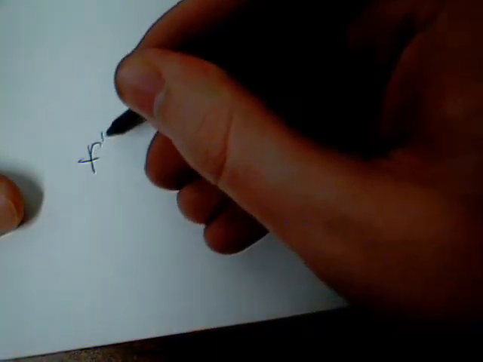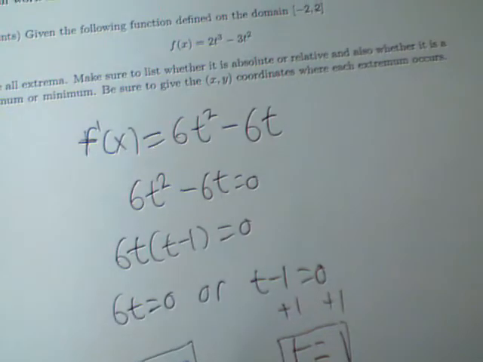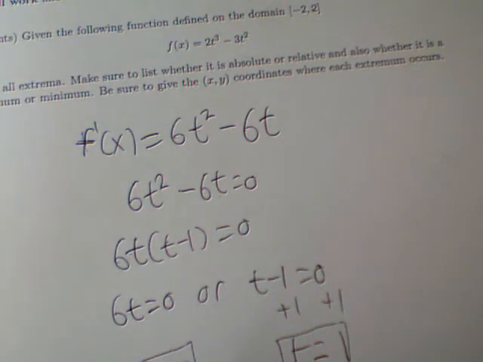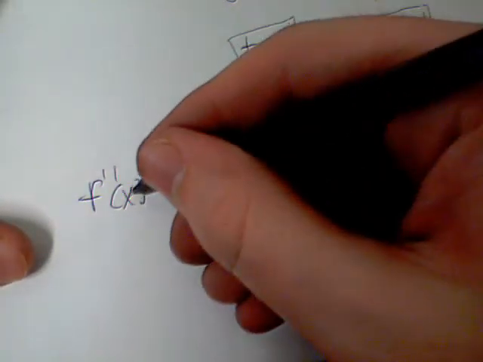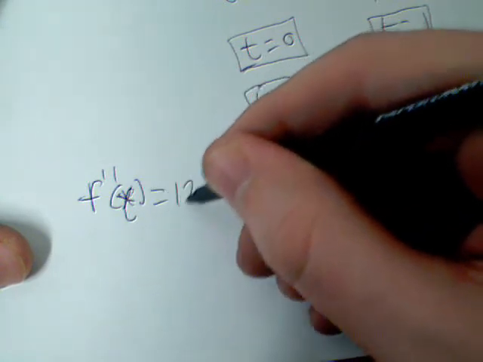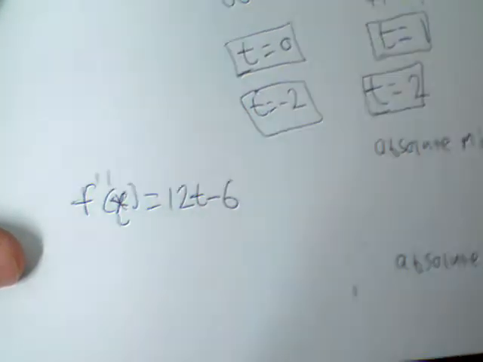So second derivative test, I'm going to take the second derivative. The first derivative was 6t squared minus 6t. So my second derivative is going to be 12t minus 6. Oops, that's t, not x.